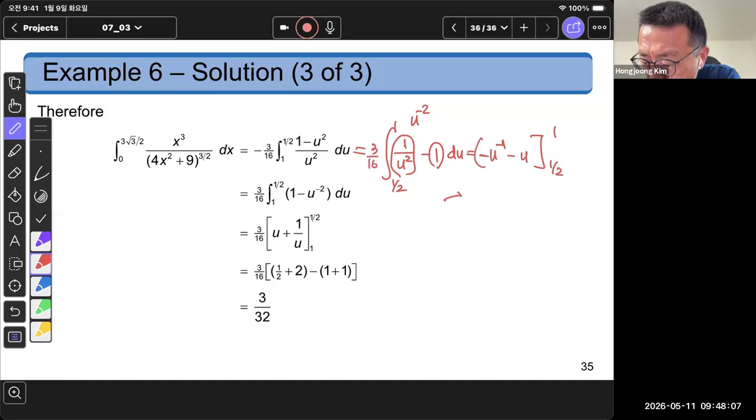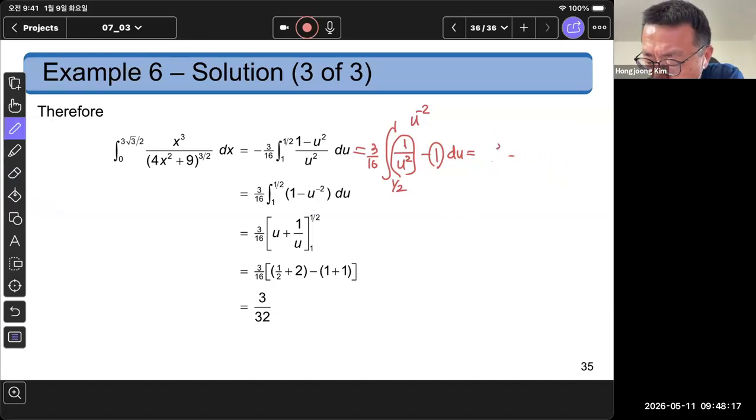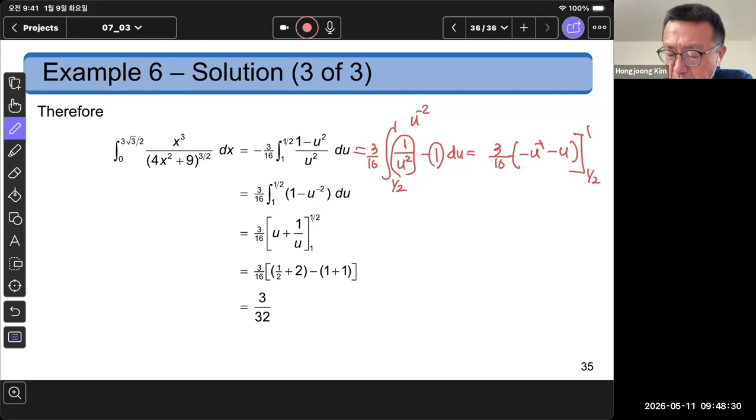So I have to multiply 3/16 and minus u to the negative 1 minus u, evaluated at 1/2 and 1. So if you plug in this, you get this expression.